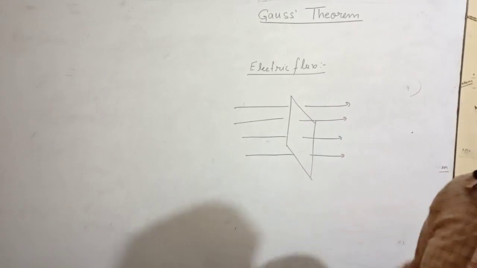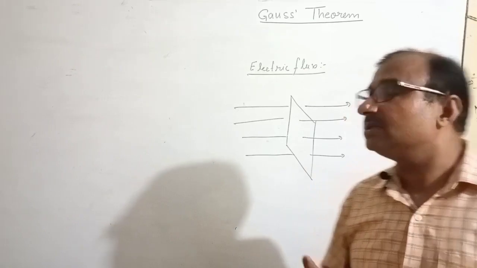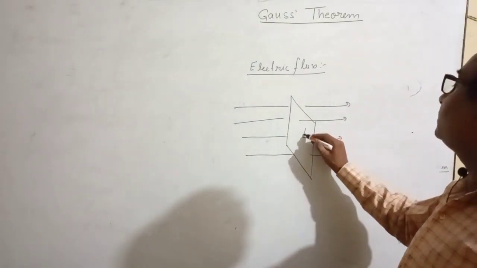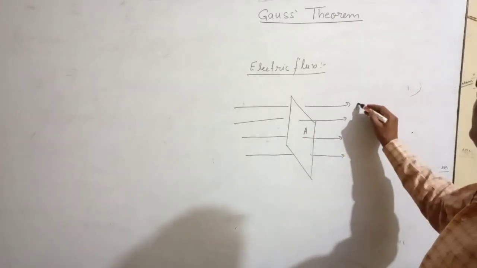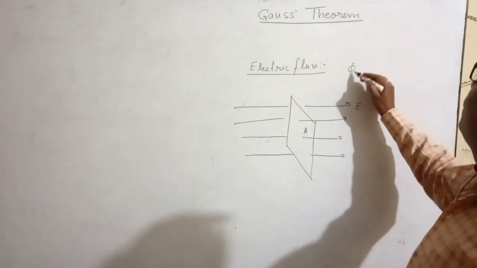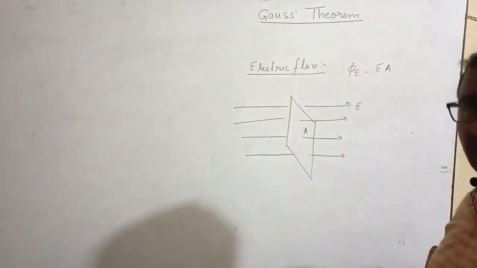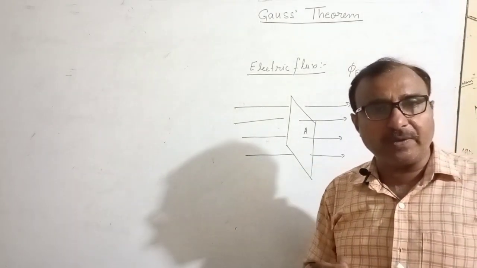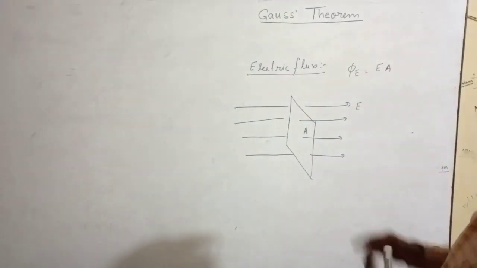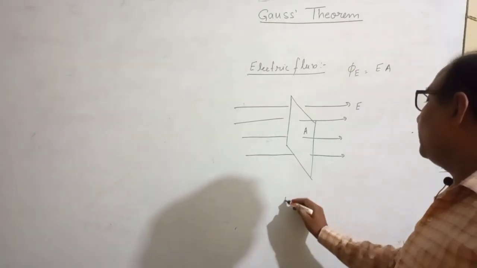Suppose this plane's area is A and the intensity of electric field is E. Then for electric flux you write Phi E equals EA, where E is the intensity of electric field and A is the area. Just now I would like to show you something else, then you will understand better.